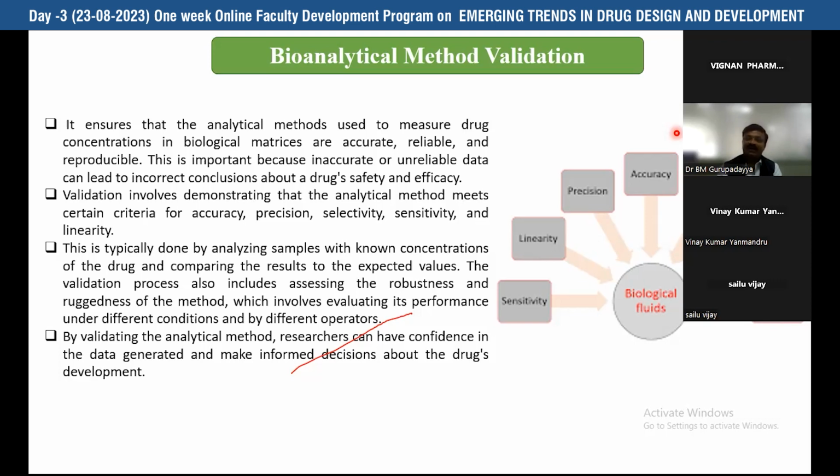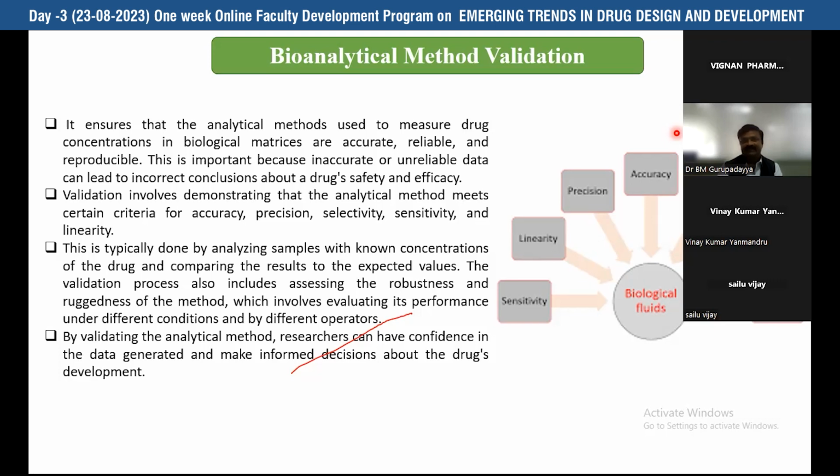This particular validation process is governed by the US FDA procedures. By using the US FDA guidelines, they identify the perfect methodology for bioanalytics. To ensure that the bioanalytical methods used to measure the drug concentration in the biological matrix are accurate, reliable, and reproducible, we use bioanalytical method validations only.